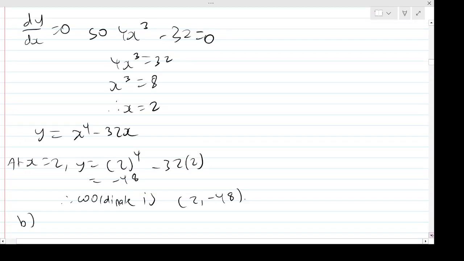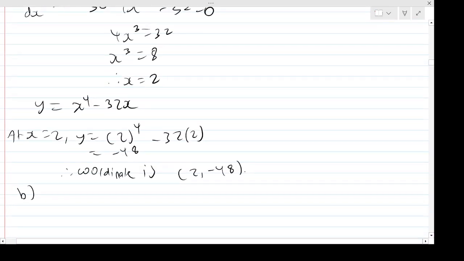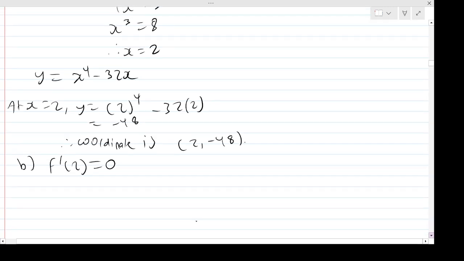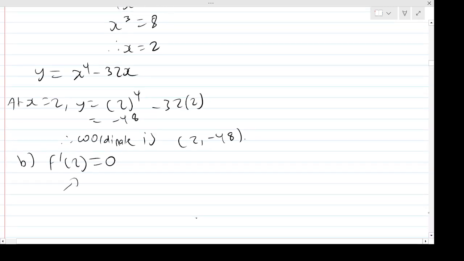Let's set the scene. This is my stationary point, which means when x is 2, the gradient is equal to 0. If we're considering points around this point 2, let's consider a bit before and a bit after. So let's say we have f dash of 2 take away a very small number, say 0.01.